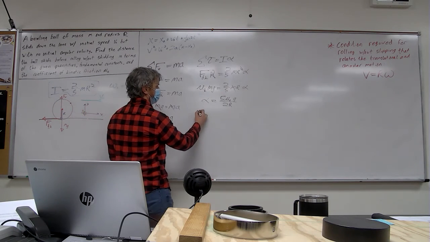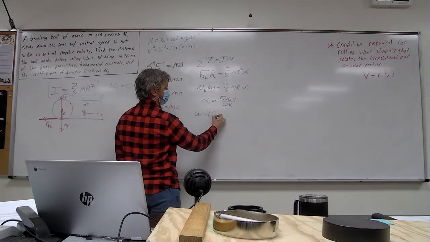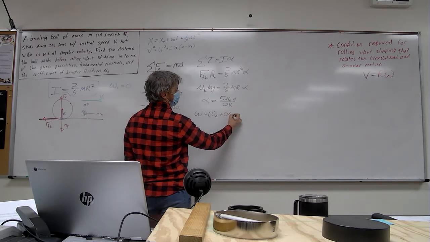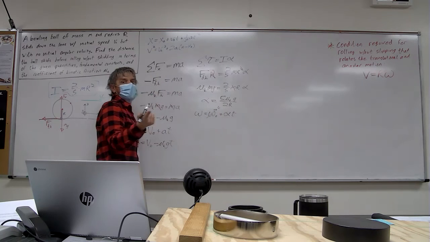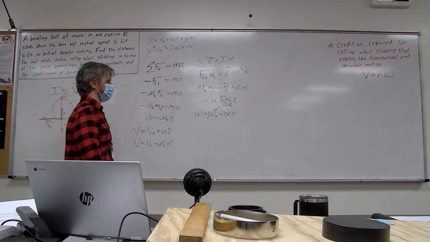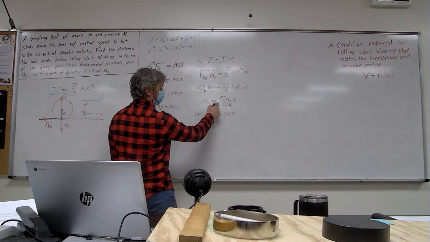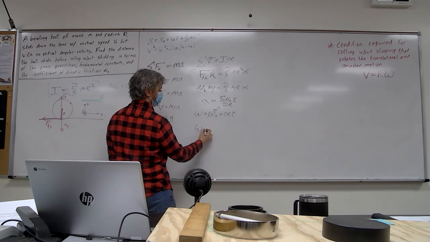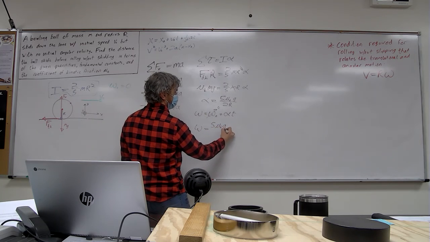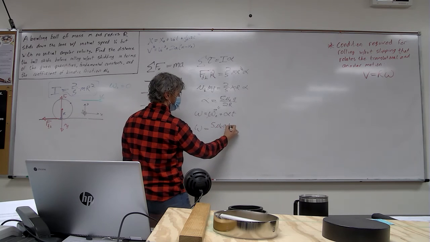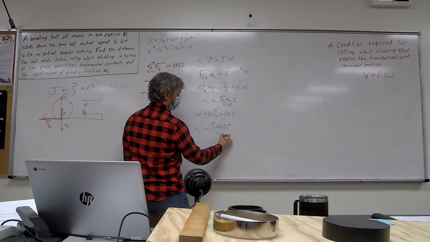So I can say that final angular velocity equals initial angular velocity plus the angular acceleration times time. Initial angular velocity was 0 because it wasn't rotating at the beginning. And then I can plug this in for the angular acceleration. So final angular velocity is 5 times the coefficient of kinetic friction times g times the time over 2 times r.